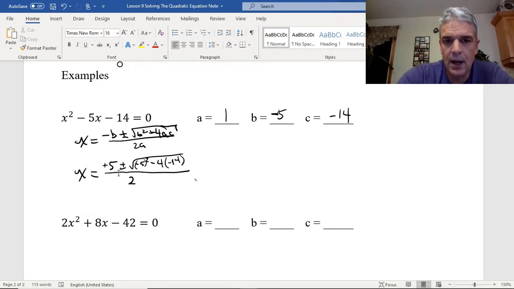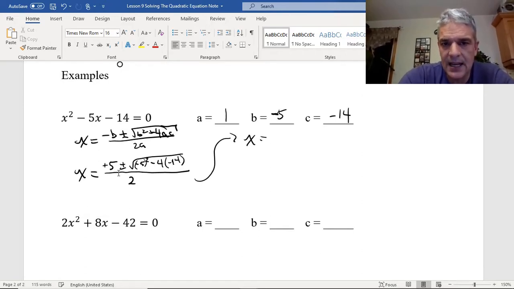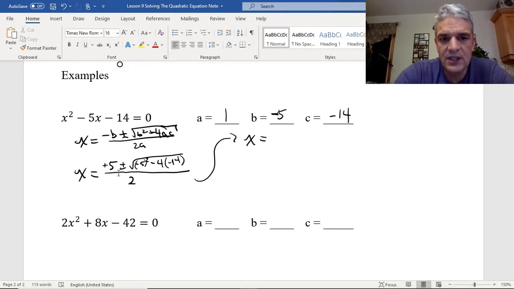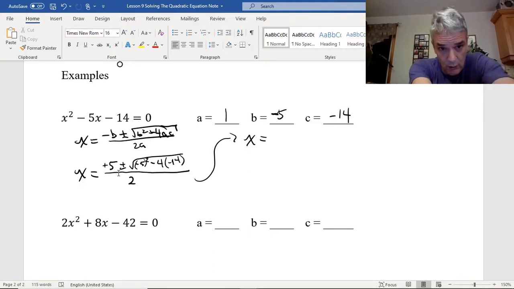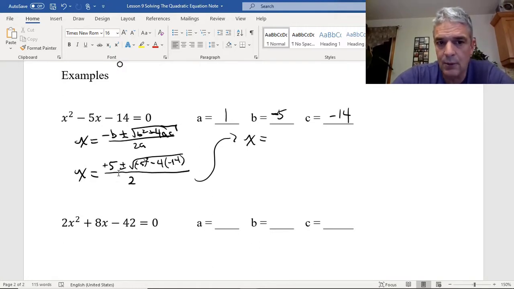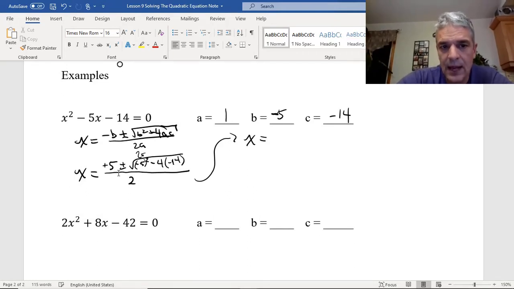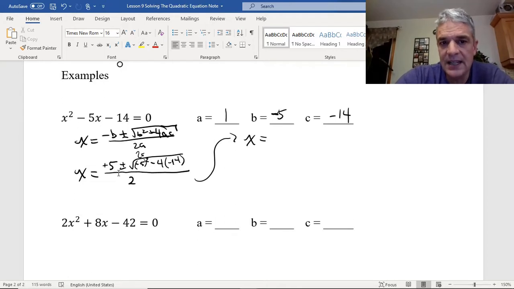And then I'll often go like this. I'll say x equals, and then I'm going to simplify what's underneath the square root sign to the best of my ability. This is where I'll probably grab my calculator, but really I don't even need to if you're pretty good at math. This is going to be 25 here, and 14 times 4 is going to be 56.